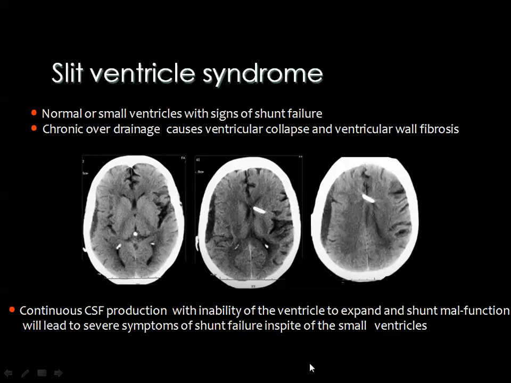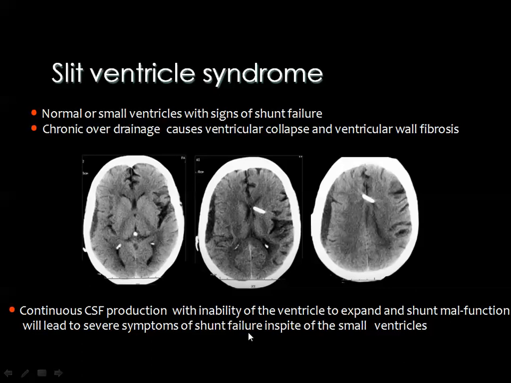Then what do we mean by the slit ventricle syndrome? If you put the shunt tube and the shunt is working, then the ventricle will be decompressed. And after that, with regular follow-up, you see in particular in this example that the ventricles are attenuated and the shunt tube is present. There is some chronic subdural hemorrhage as a complication of this shunt tube.